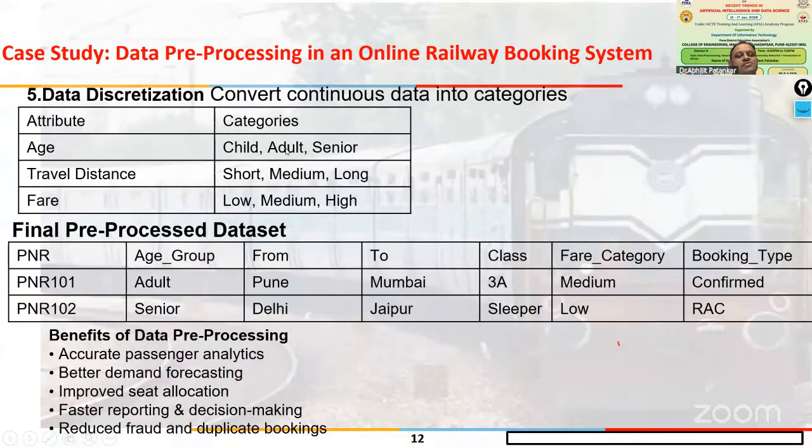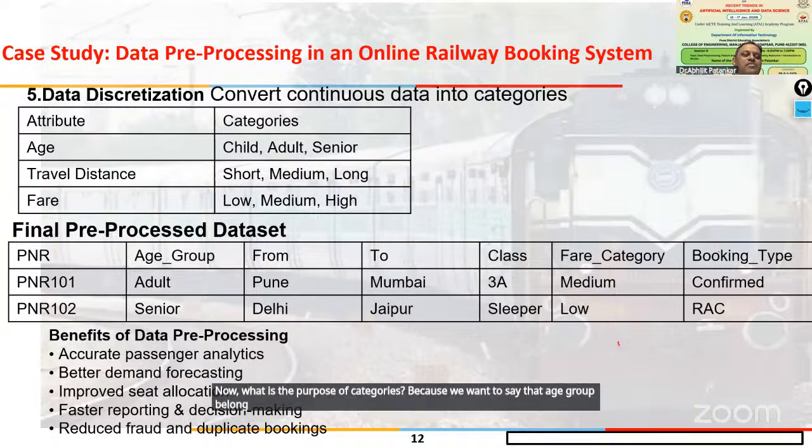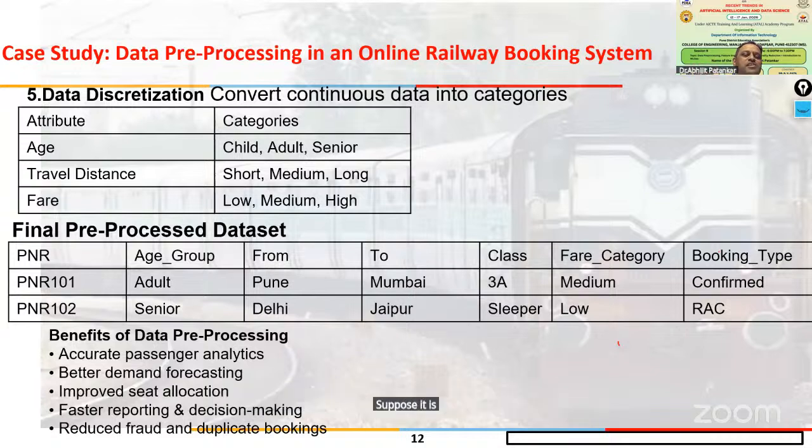So this is data discretization, the fifth operation of data pre-processing, that is, convert continuous data to categories. What is the purpose of categories? Because we want to say which age group someone belongs to. Suppose from 1 to 16, we call that child; 16 to 60, adults; and 60 onwards, senior citizen.